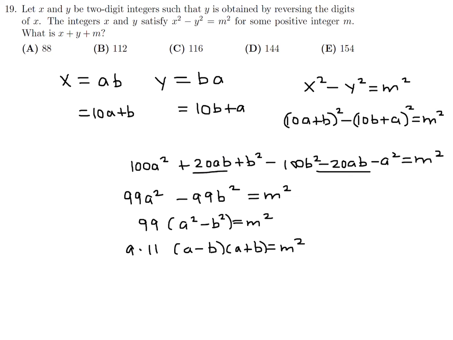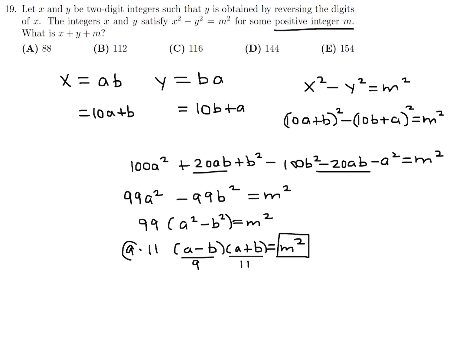And now what do we do here? Well, m squared is the square of an integer. They tell you that it's a positive integer. So that means that this side must be a perfect square. Well, if this is a perfect square, then that means that this, for example, could be 9, and this could be 11.